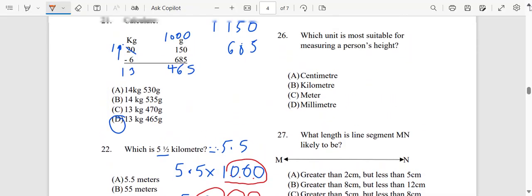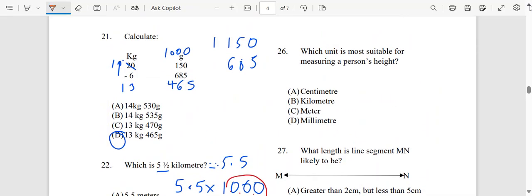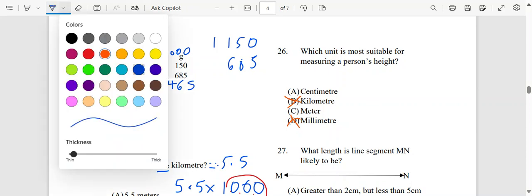So moving along. Which unit is most suitable for measuring a person's height? We can use centimeter, but we dare not use millimeter. Let's do our elimination method. We dare not use kilometer, because kilometer is for long distance. So we are down to meter and centimeter.